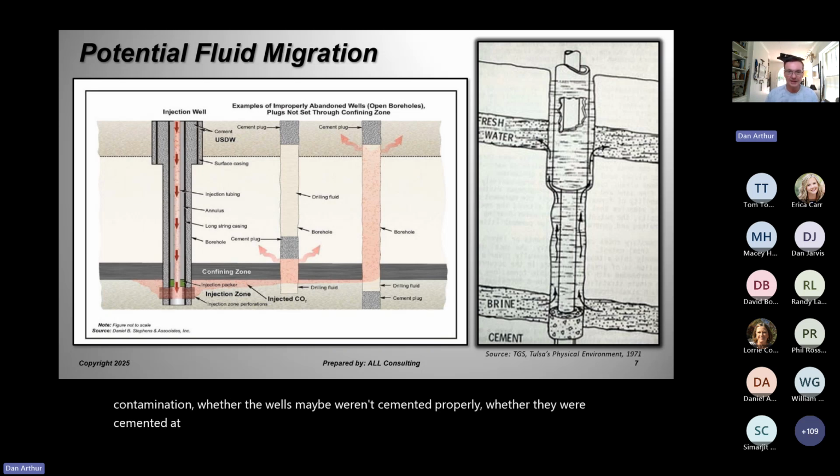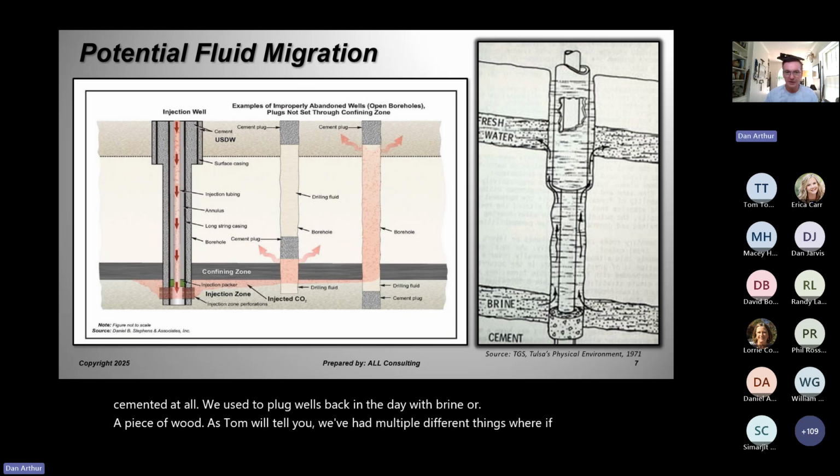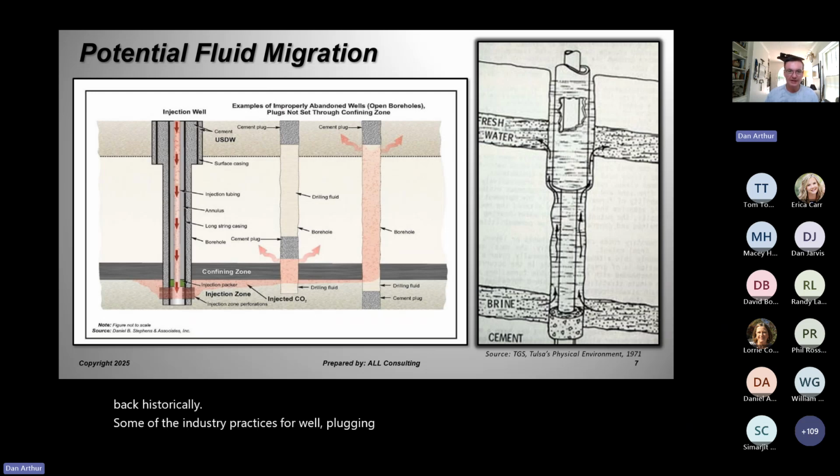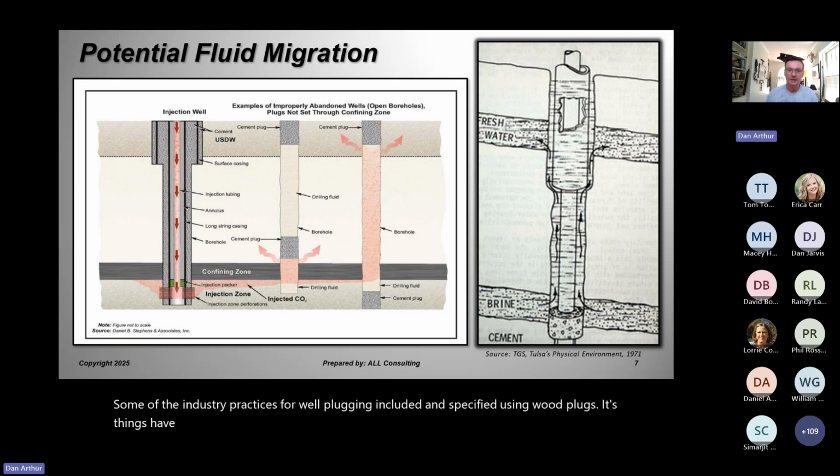We used to plug wells back in the day with brine, or a piece of wood. As Tom will tell you, if you look back historically, some of the industry practices for well plugging specified using wood plugs. Things have changed a little bit, but we have to be cognizant of our history so that we know what we might expect depending on the types of wells we run into.